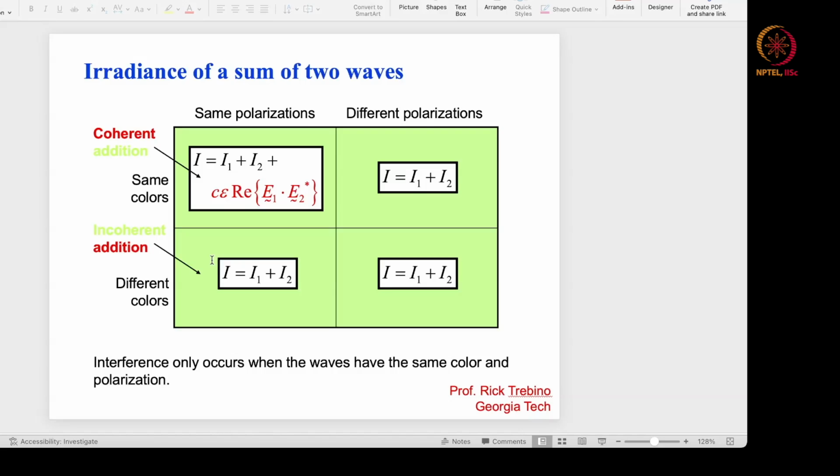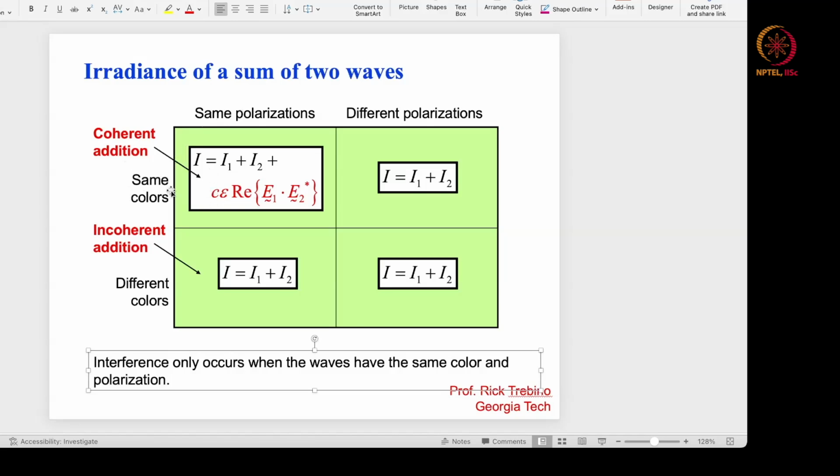Two other things: when you have the sum of two waves, that is interference, which we talked about earlier. If we look at this particular part, when you have the same polarization, which we already talked about earlier, and the same color, this is coherent addition.